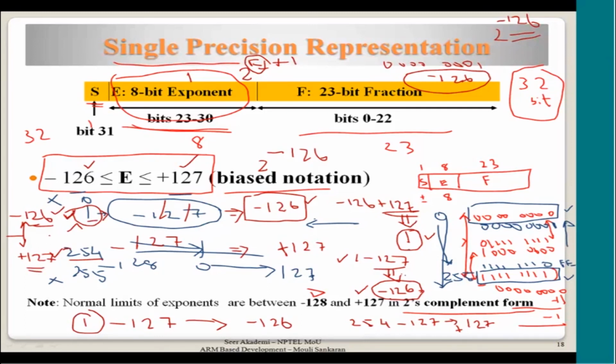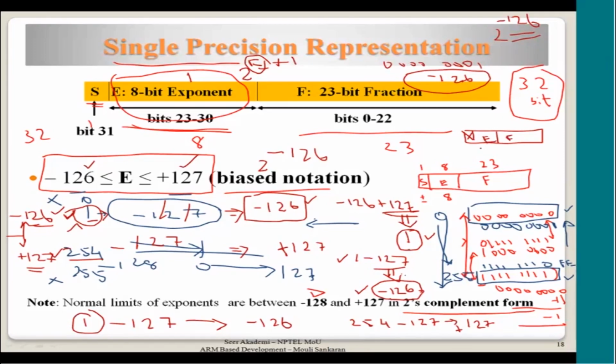So how does it help me? It helps in comparison. Suppose I give you a floating point number. Knock off the sign bit, and look at the exponent and the fractional portion.